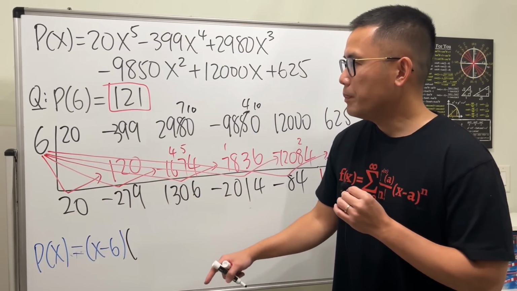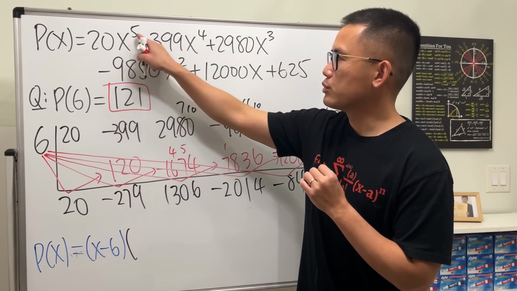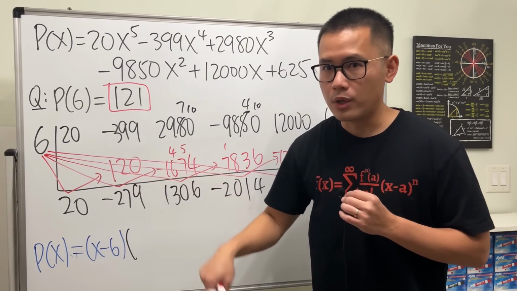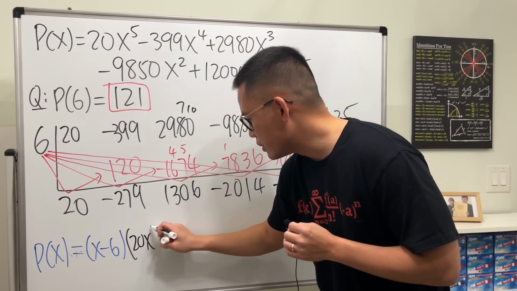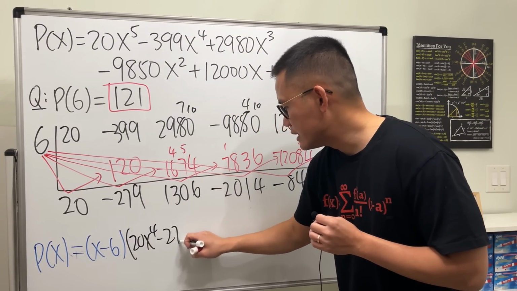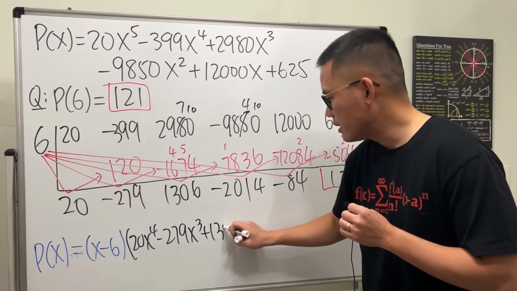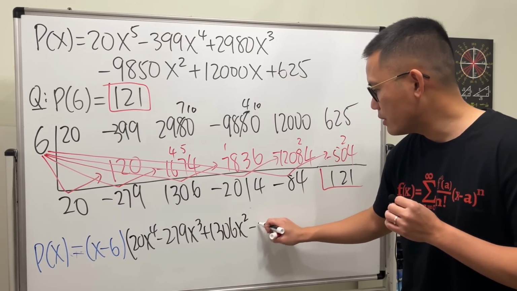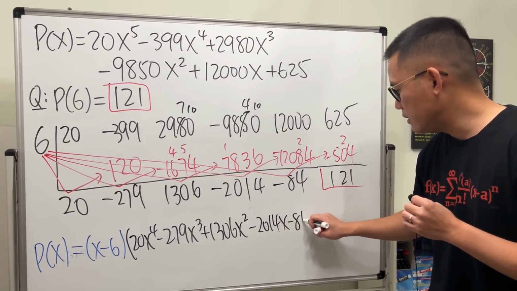20, it will be with x to the fourth power, because originally it's x to the fifth. This will be a power 1 less than the original. So we will have 20 x to the fourth minus 279 x to the third power plus 1306 x to the second power minus 2014 x, and then plus 84.